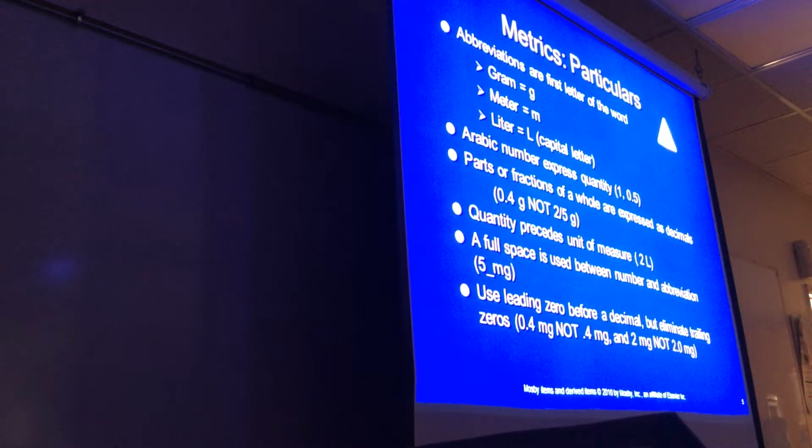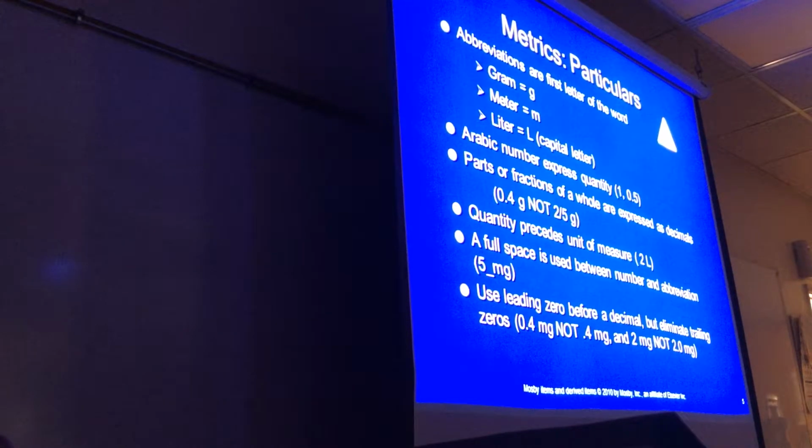Kind of weird, huh? That's part of the reason we don't use it either, because you can get the Roman numerals messed up. So, if you have a metric measurement, it needs to be in Arabic numbers with decimal places, no fractions, and the appropriate basic unit abbreviation.